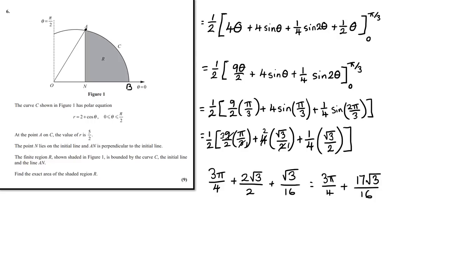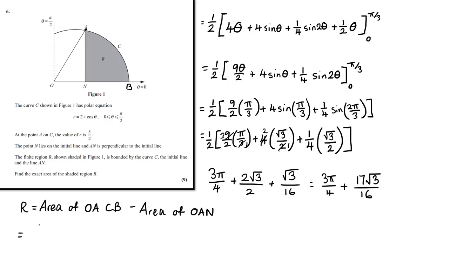So now, like we just said, we just want the exact area of the shaded region R. Okay, so R. And like we said before, that's going to be the area of OACB. So that's this area here. And then we minus the area of the triangle that we worked out before, OAN. Okay.